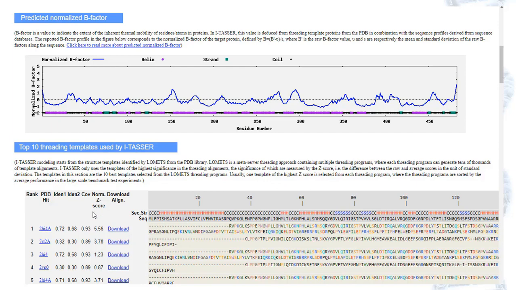In this case, we have different templates mentioned along with different Z-scores. Z-score is important. If it is above 1, it means this template has good alignment with your query sequence. So the higher the Z-score, the better the template's alignment with our query sequence.